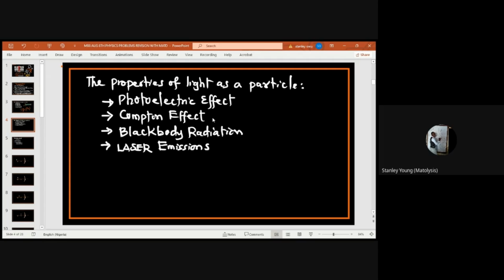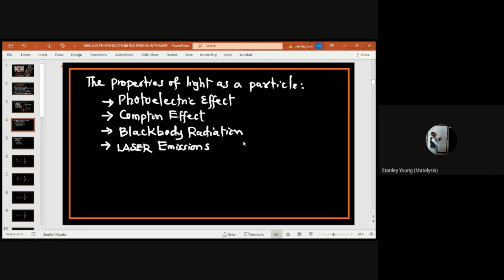So the Compton effect is described as the inelastic scattering of a wave as a result of collision with a stationary charge or stationary electron. Okay, so for black body radiation, the black body is a body that absorbs all wavelengths falling on it.